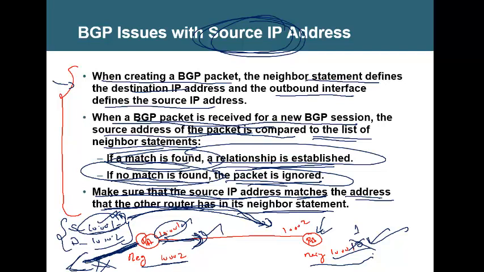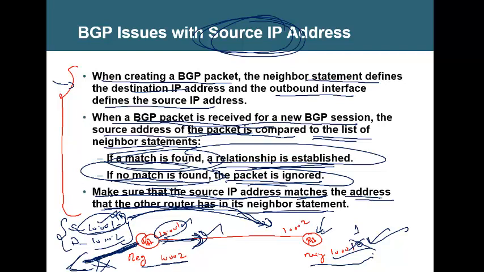Now, the outbound interface IP address will become the source address. This is dynamic. You no need to say to BGP, use this address as the source. No, you don't say that. You might have said that in a GRE tunnel, when you form GRE, or in some other places.